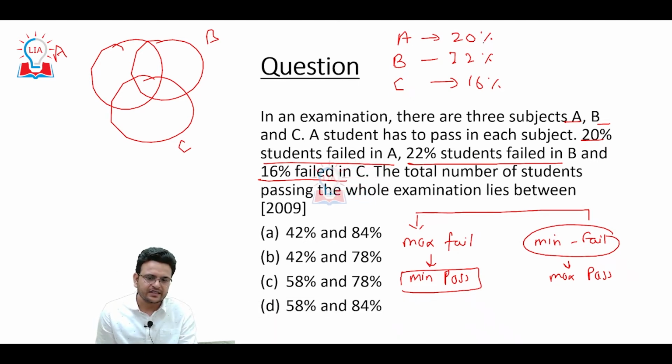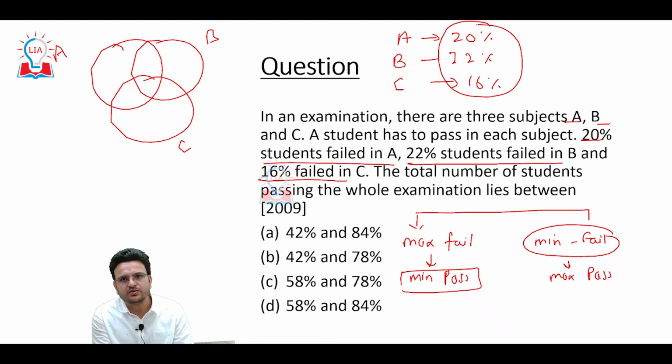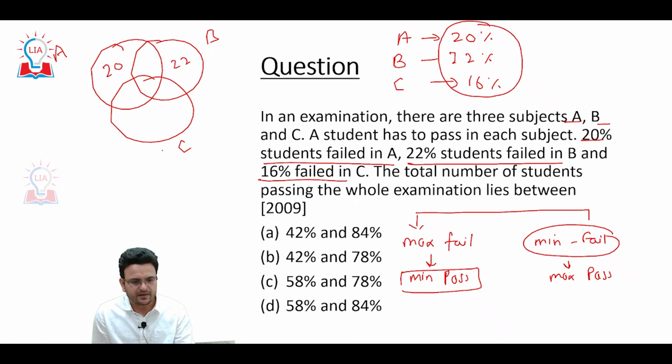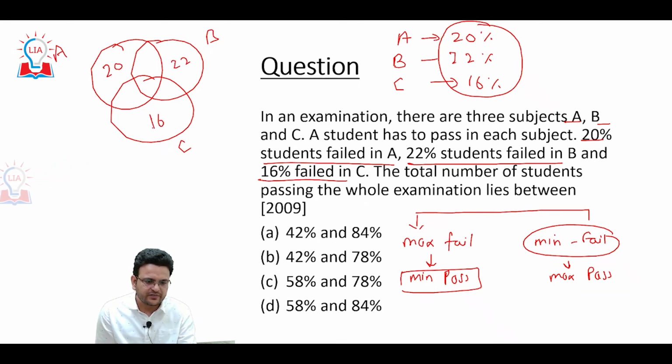I can say that all the students have failed in subjects A, B, C separately. Means 20% failed in A, 22% failed in B, 16% failed in C. So it becomes maximum fail.